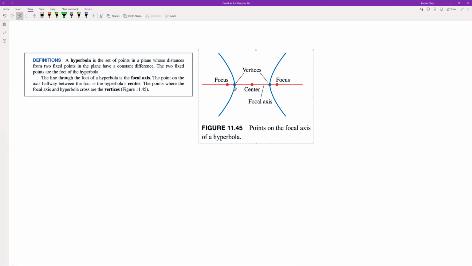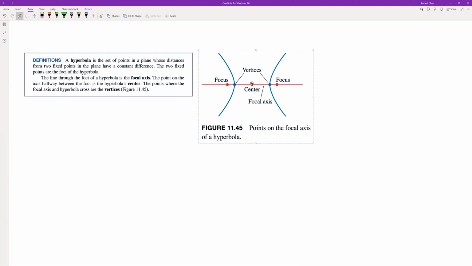The line through the foci of the hyperbola is the focal axis, so the horizontal red line here. The point on the axis halfway between the foci is the hyperbola center, and the points where the focal axis and the hyperbola cross are the vertices.